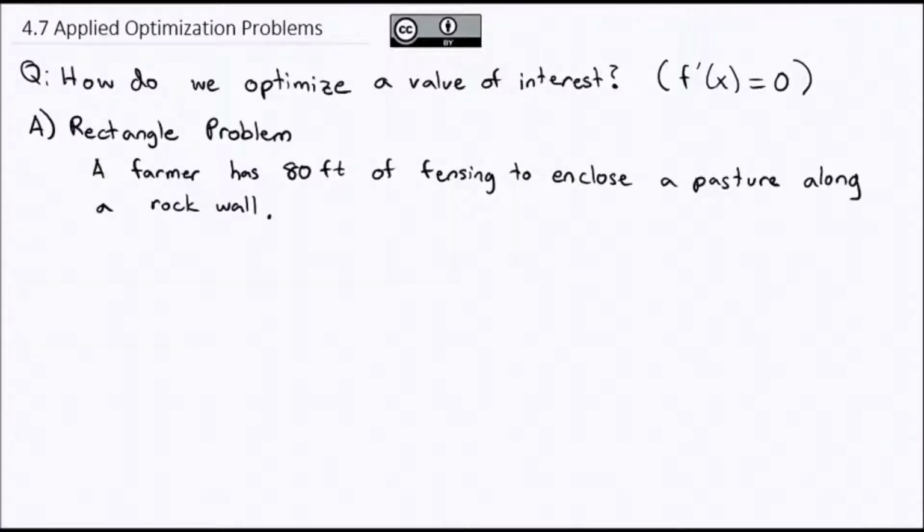What that means is he only has to actually fence 3 sides of the wall, not all 4 sides of the wall. So what dimensions would maximize the area?